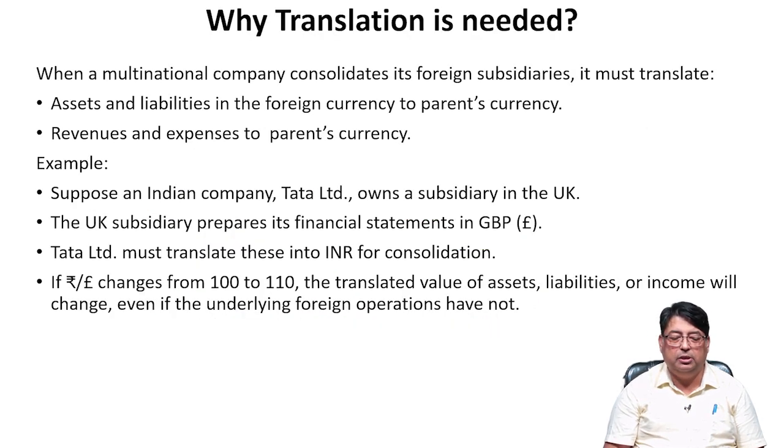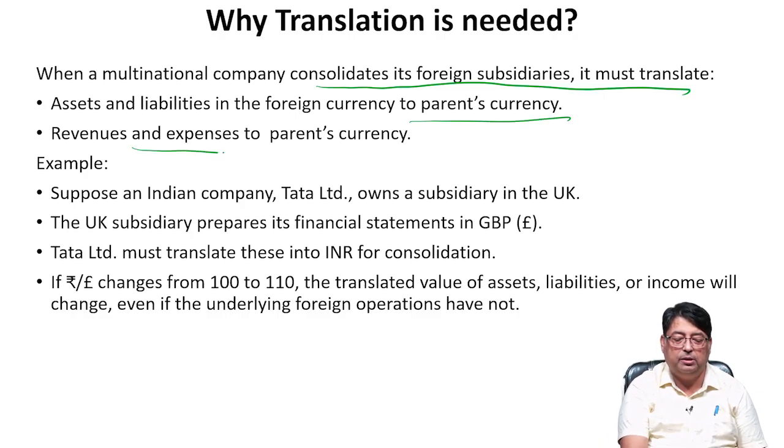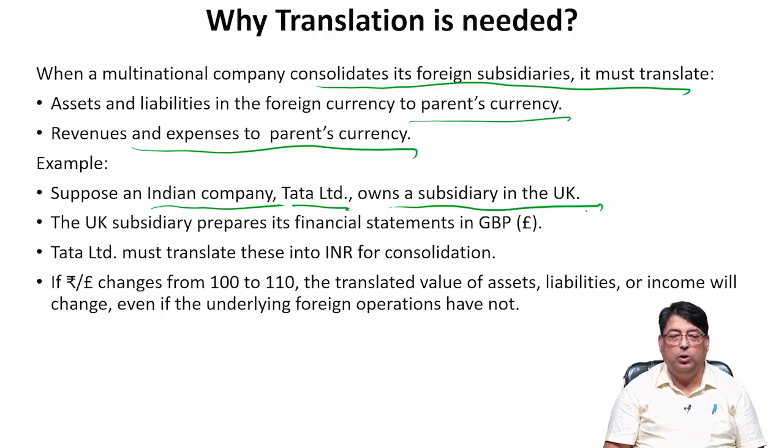Why is translation needed? When a multinational company consolidates its foreign subsidiaries, it must translate assets and liabilities in the foreign currency, and revenues and expenses, into the parent's currency. For example, suppose an Indian company, Tata Limited, owns a subsidiary in the UK.